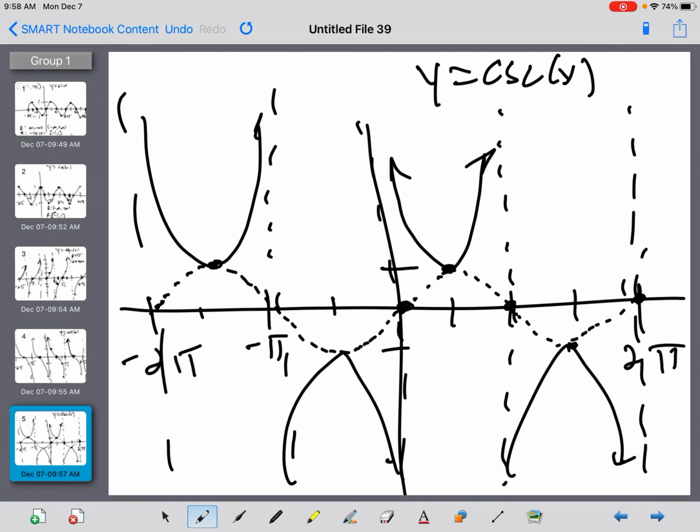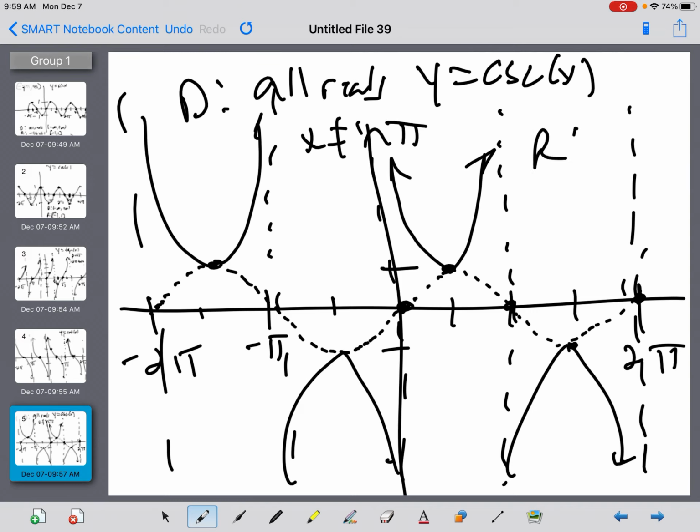So it looks like that. Okay, domain. Okay, all reals except n pi. All reals x does not equal n pi.